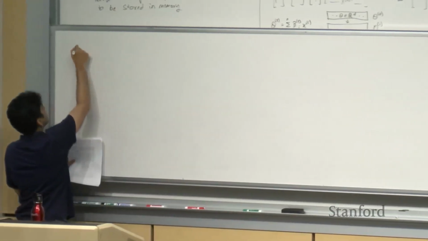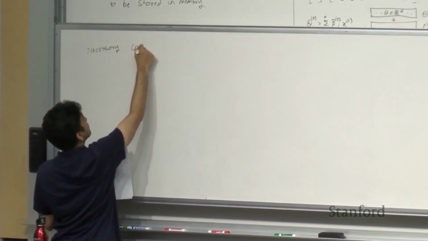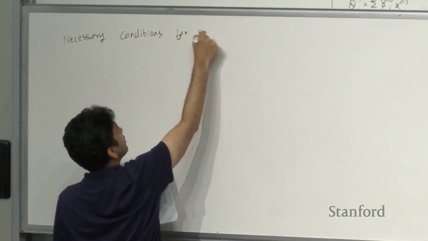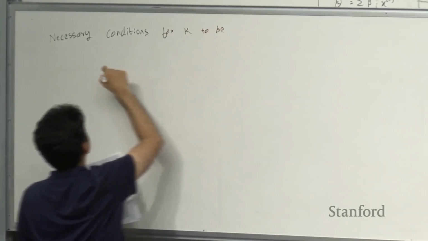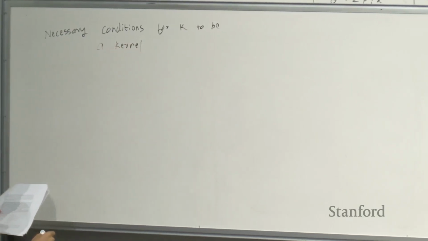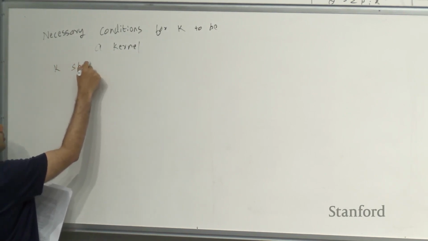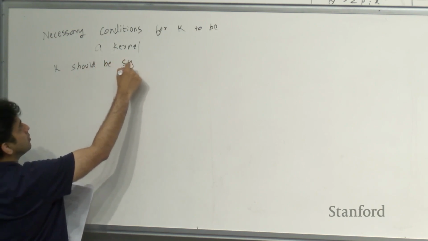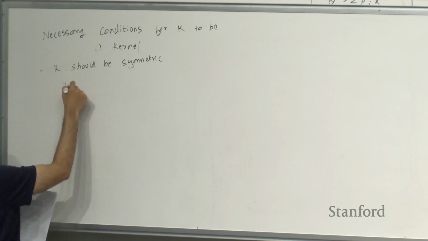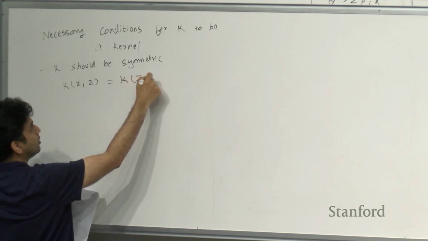So necessary conditions for k to be a kernel. First of all, k should be symmetric, which means k of x comma z should be equal to k of z comma x.